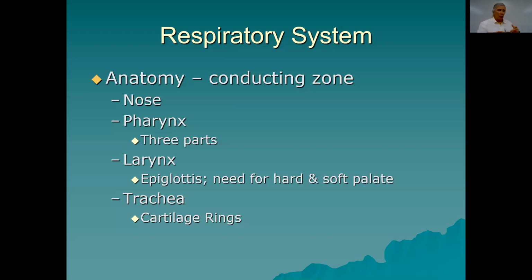We need a palate so that we only interrupt our breathing for brief periods of time. So we want to be able to chew and breathe at the same time. And then when we swallow a food or drink, we just interrupt breathing for a brief moment because we have this internal furnace that has to be stoked with oxygen.